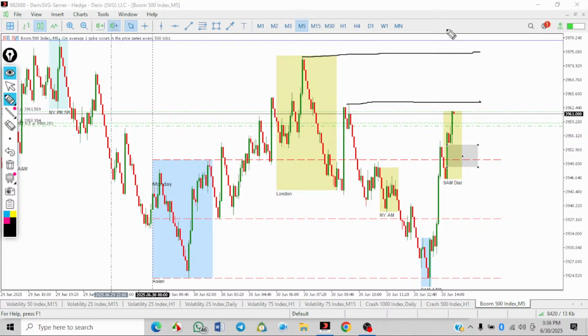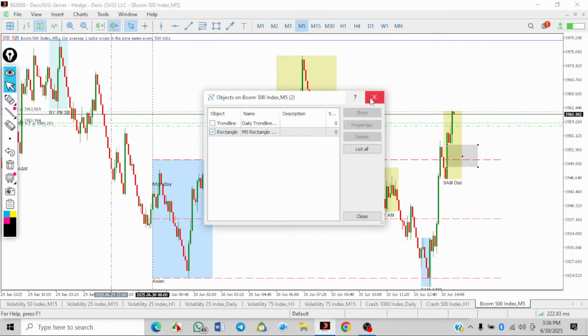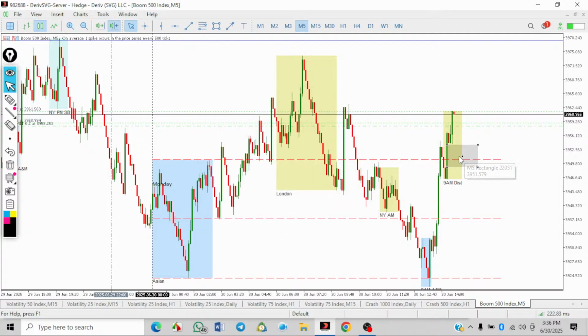You can see I've put a limit order here. They should use this area with the intention that this is a breaker block, right? This is a breaker block. So they should use it to sell.